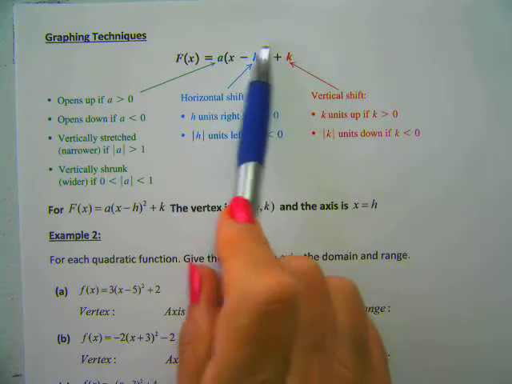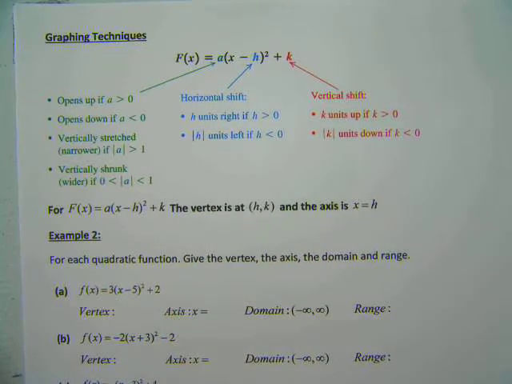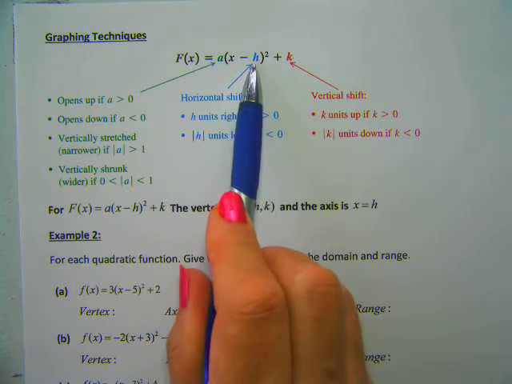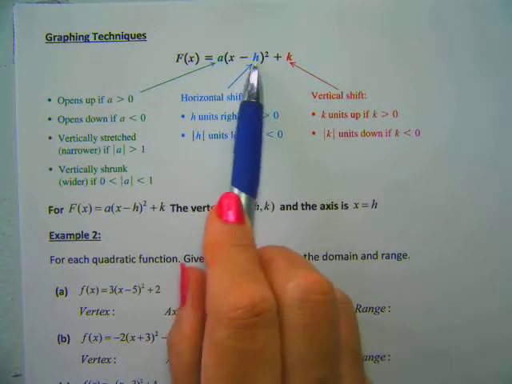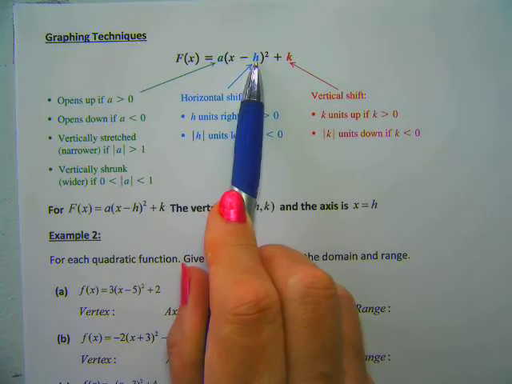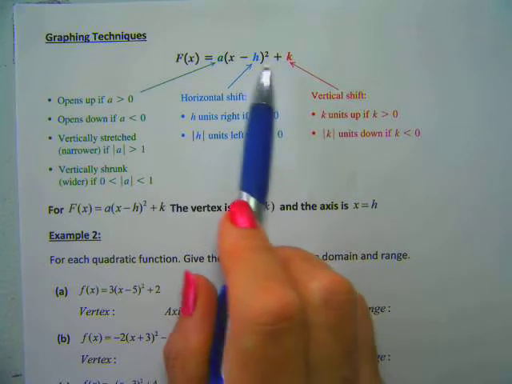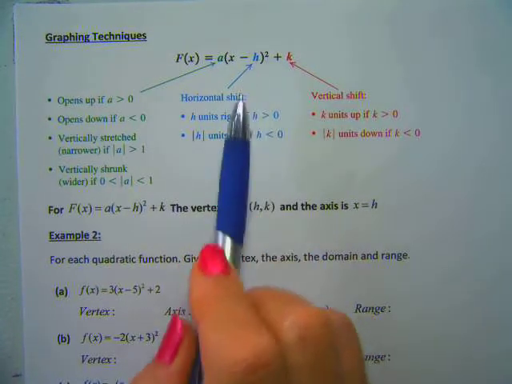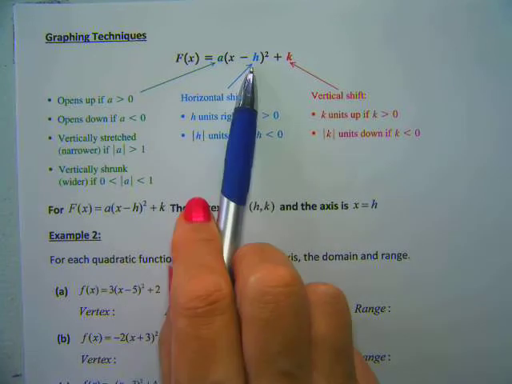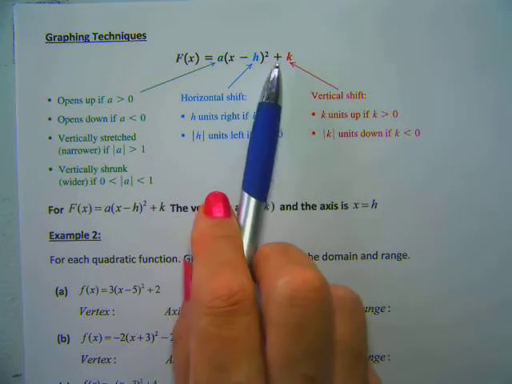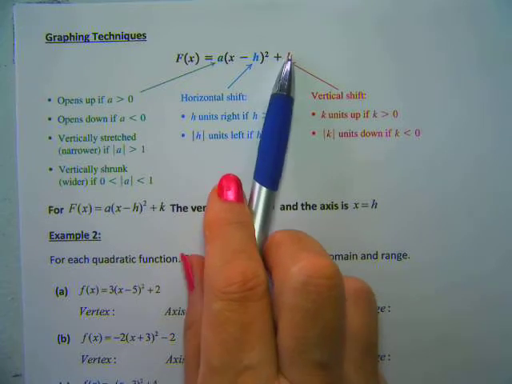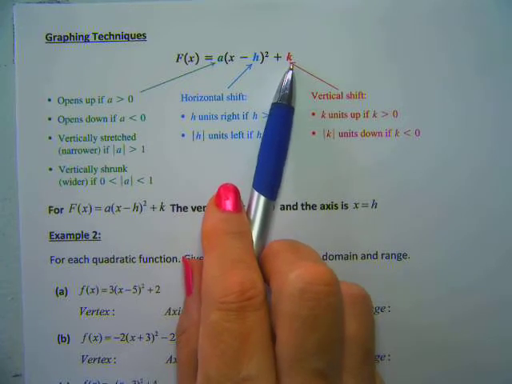But when it is in this format, what's nice about it is we can immediately remember from the techniques, we go h units to the right if it's positive, we go to the left if it's negative, remember the shifting. If we add on the outside, you go up if it's positive, you go down if it's negative.